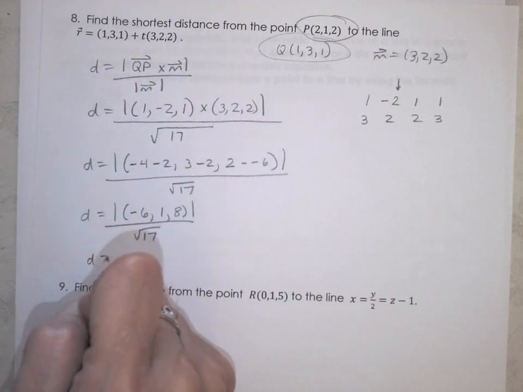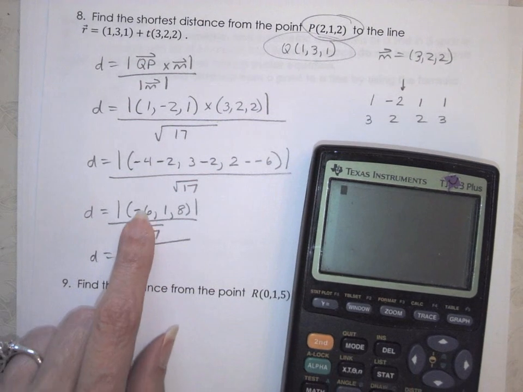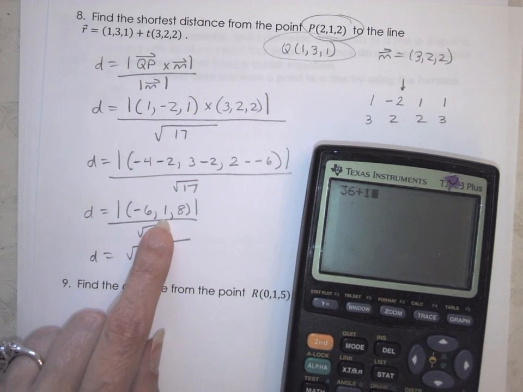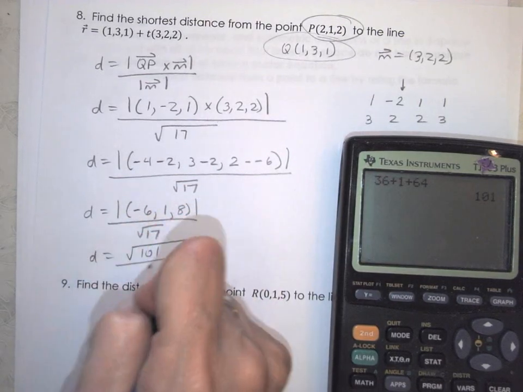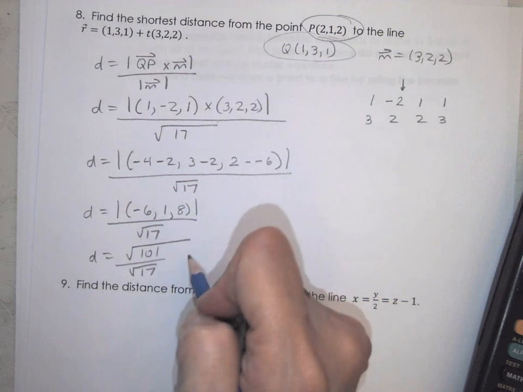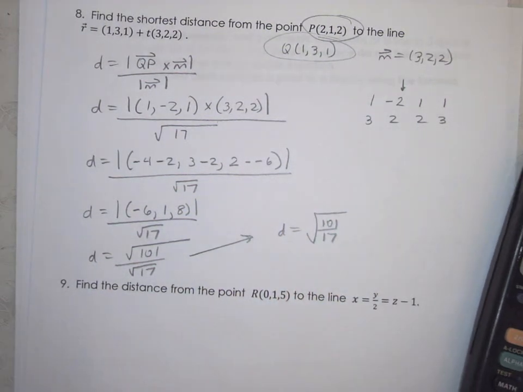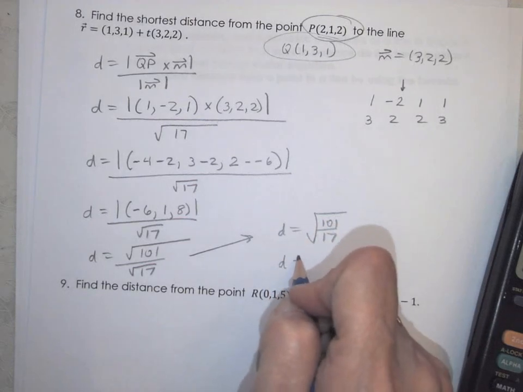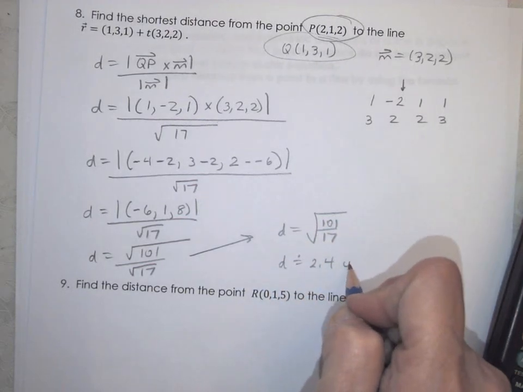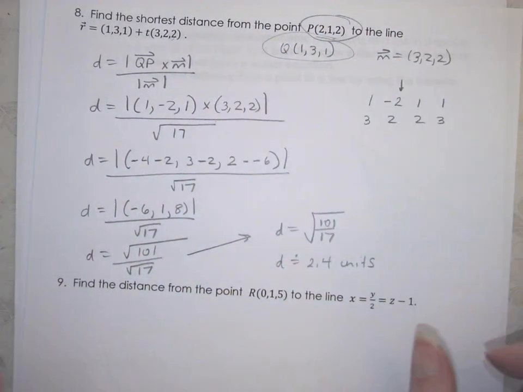The magnitude of a vector, so square root of, it's going to be -6 squared is 36, plus 1, plus 64. So the root of 101 over the root of 17, which is also the root of 101 divided by 17, which is approximately 2.4 units. Shortest distance from this point to this line.